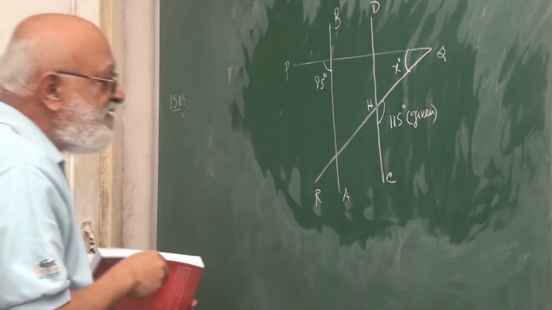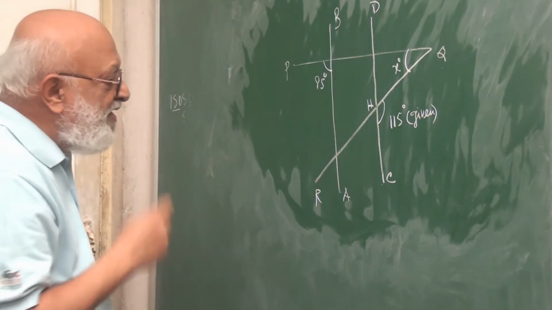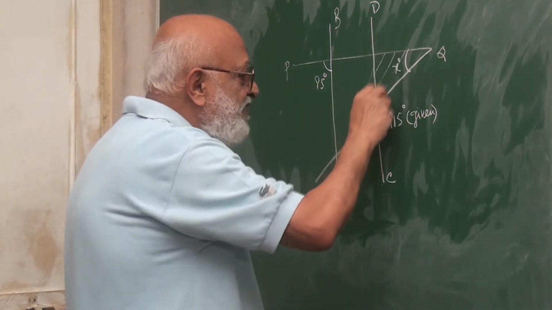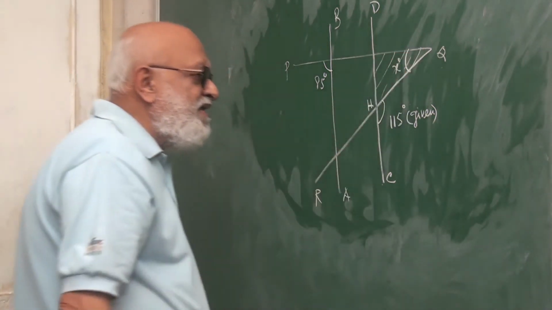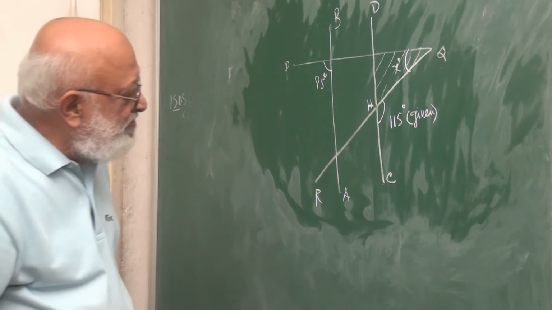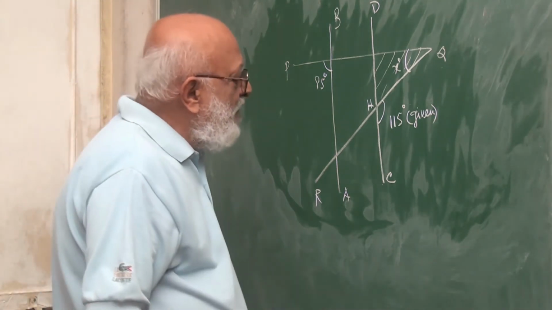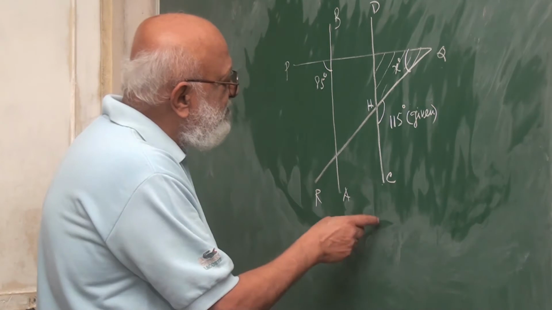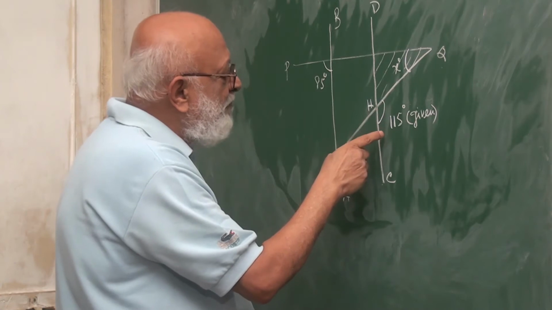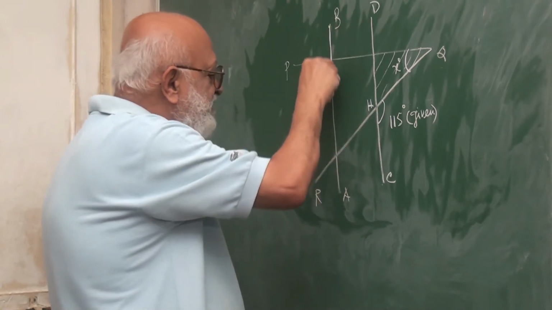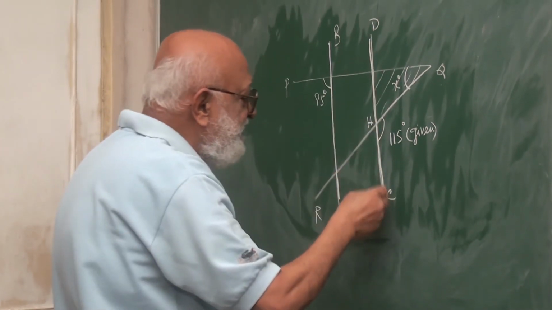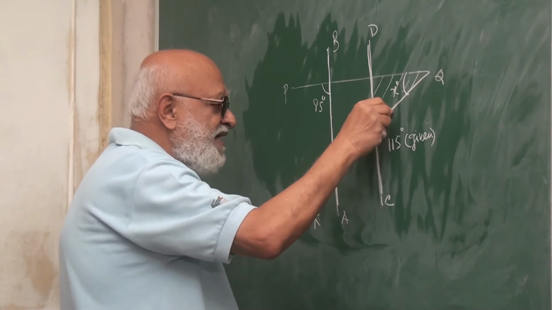Okay. Now if you see, I have to find out x. Again I take advantage of this triangle. That means I know one angle of the triangle of these things which I have to find out. Now this angle, okay, and what are the parallel lines? These are the parallel lines. Let us say this transversal cuts that line.